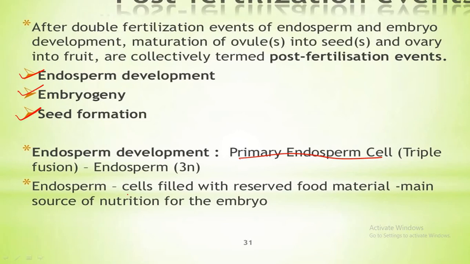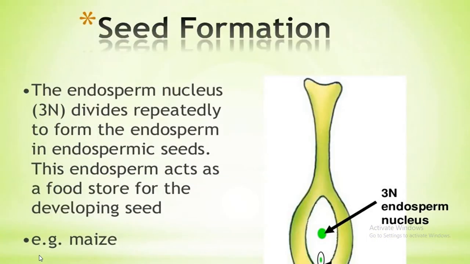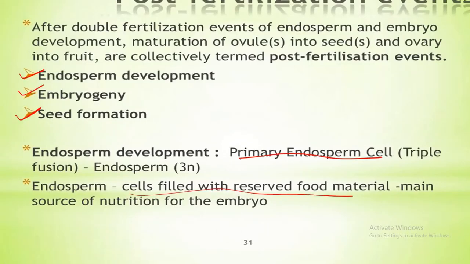The cells of this tissue are filled with reserved food material and are used for the nutrition of the developing embryo. Second step is the primary endosperm tissue undergoes successive free nuclear division to give rise to free nuclei.